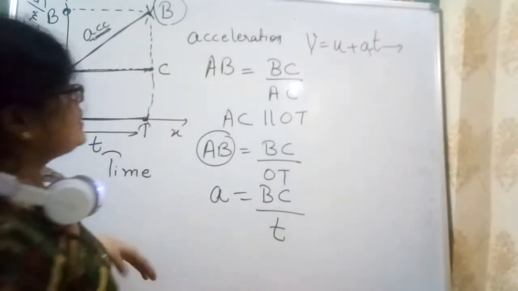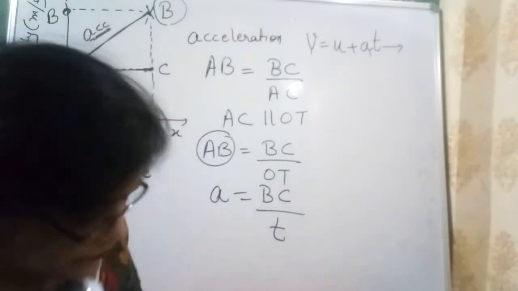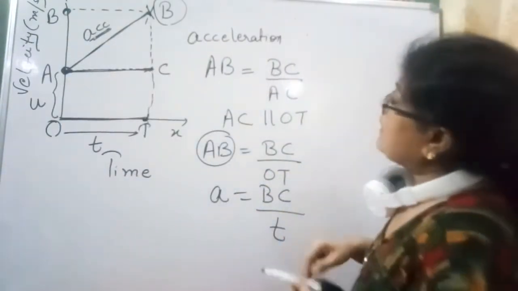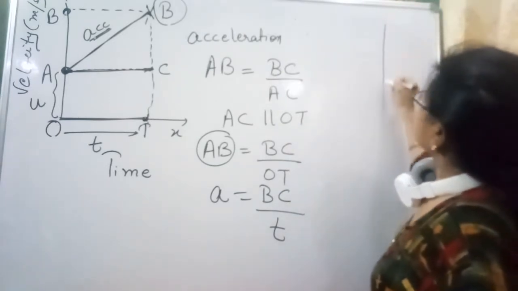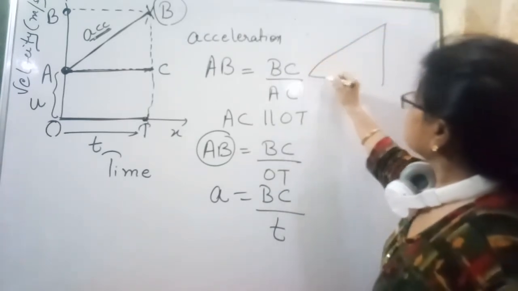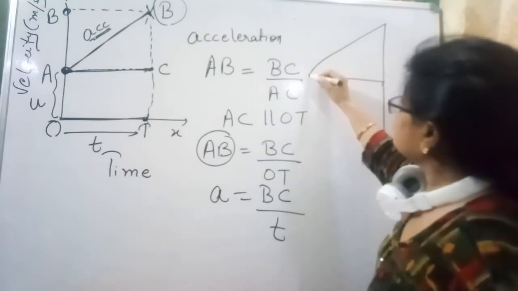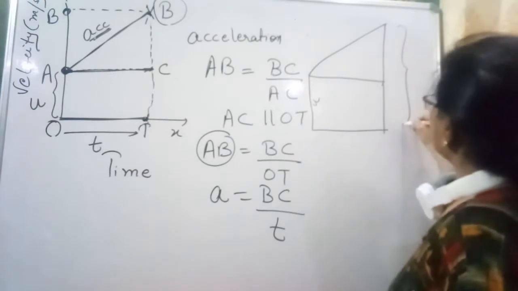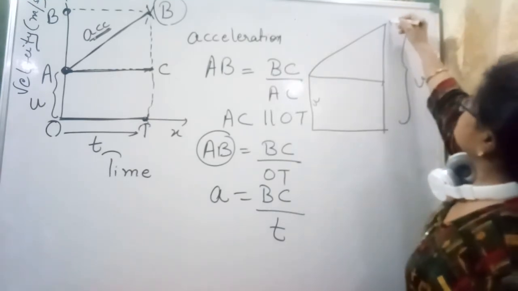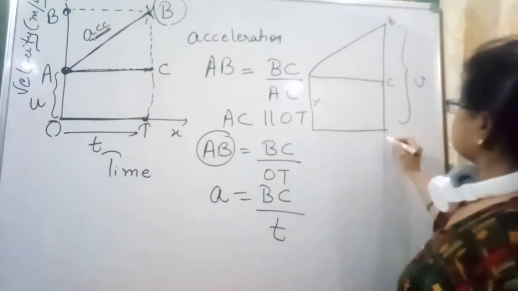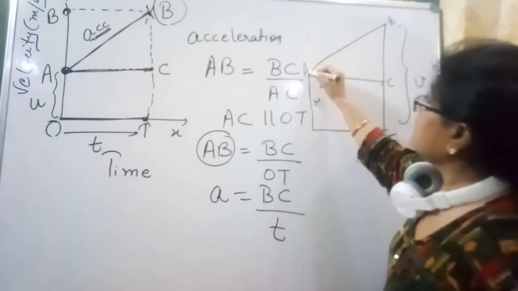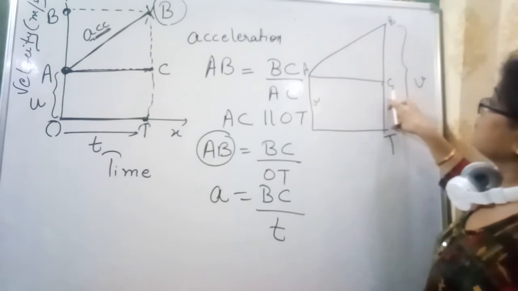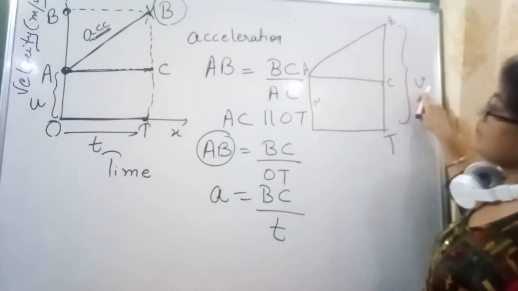Now just see the figure here. I am making the figure separately here. This is U. This is overall V. This is BC. It is T. It is A. That means BC and CT is equal to V. Clear?